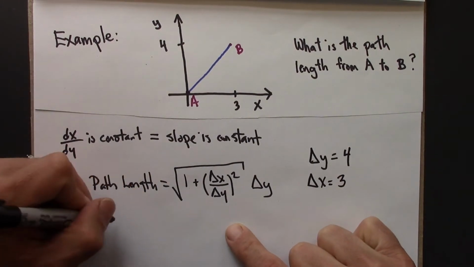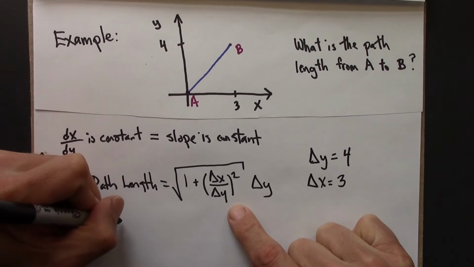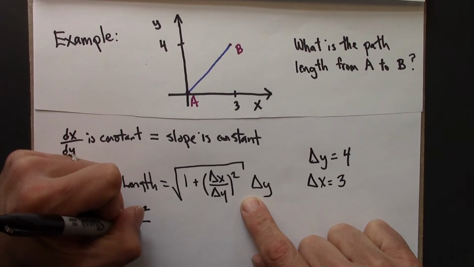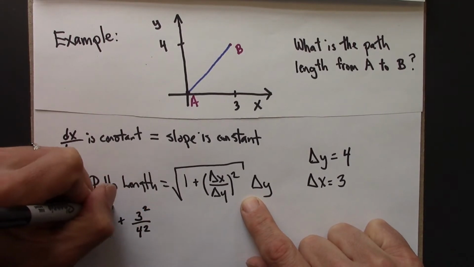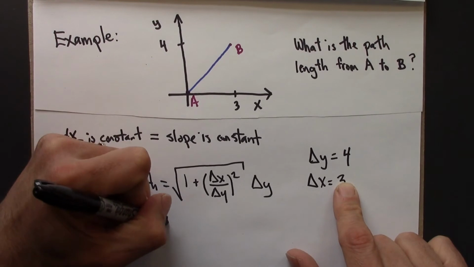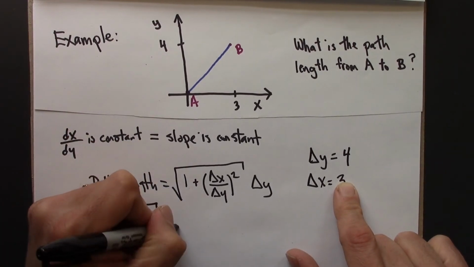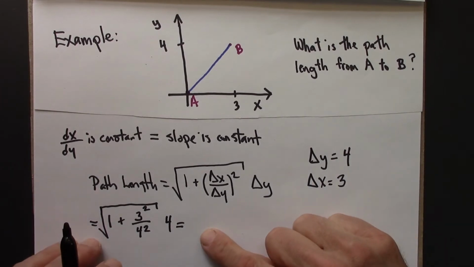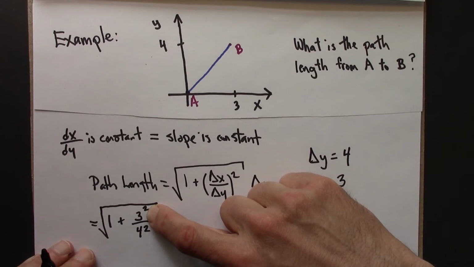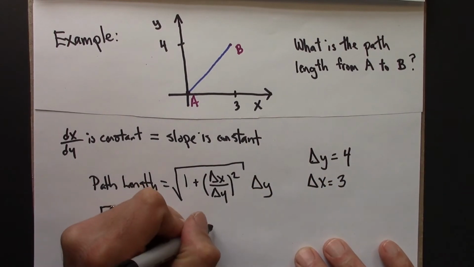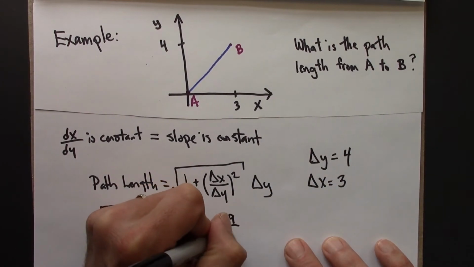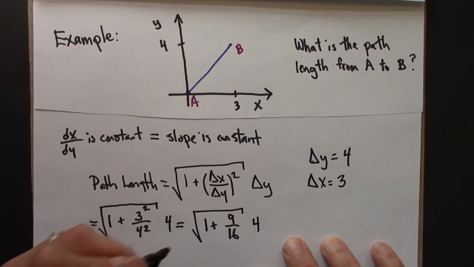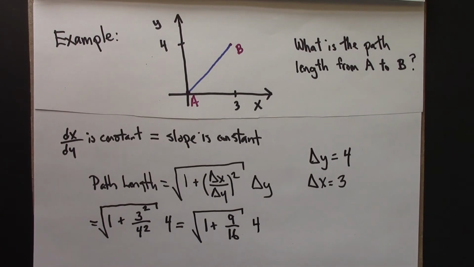So let's plug in and see what we get. So this is the square root of 1 plus 3 squared over 4 squared, times y, which is 4. So let's see. 3 squared is 9. 4 squared is 16. 1 plus 9 sixteenths, times 4.